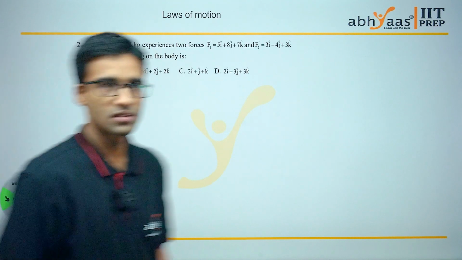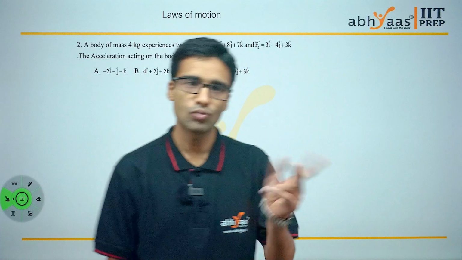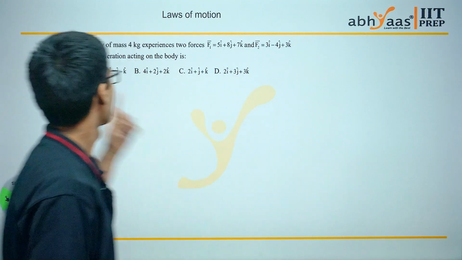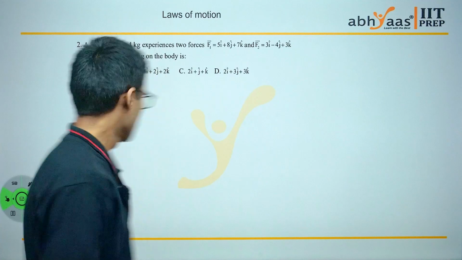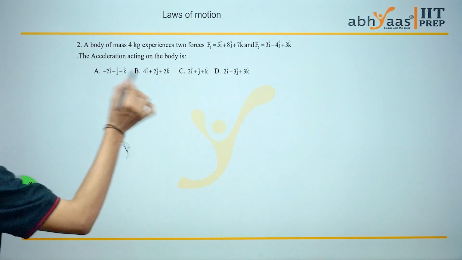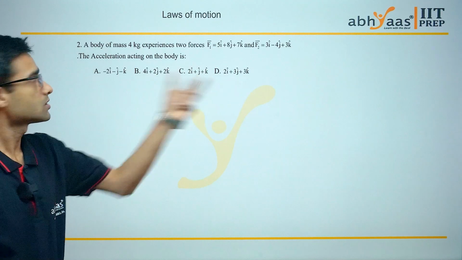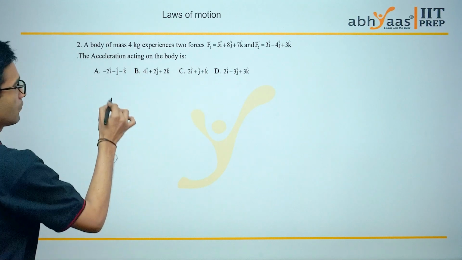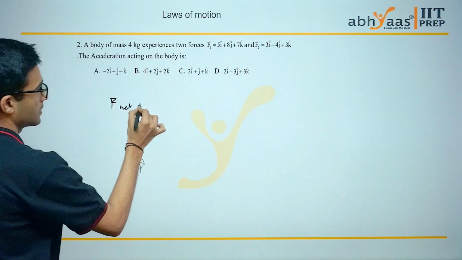The next question has two forces, F1 and F2, and a mass is given. We need to calculate the acceleration. Both forces act on the same body of mass 4 kg, so F net is F1 plus F2.